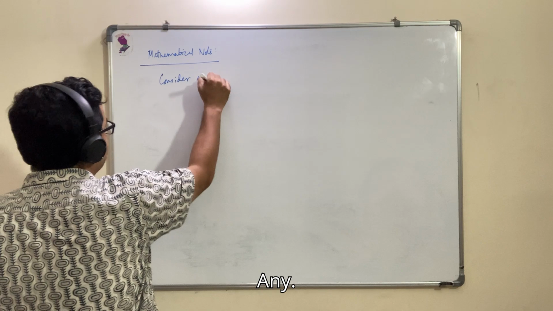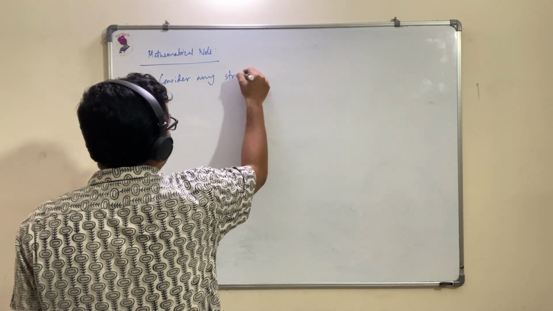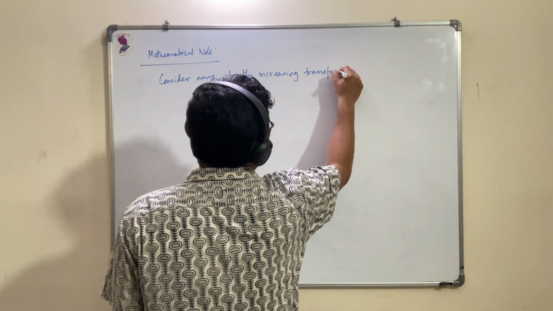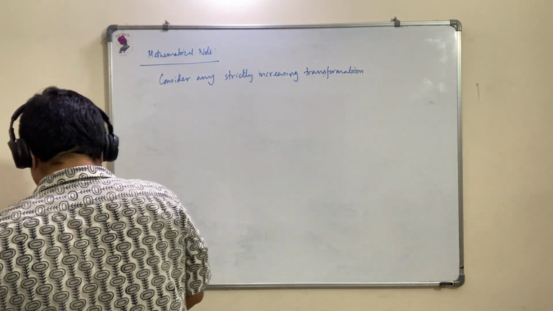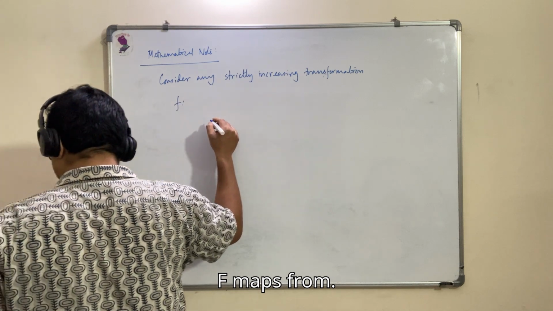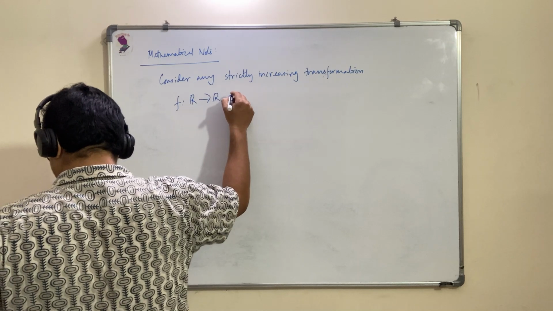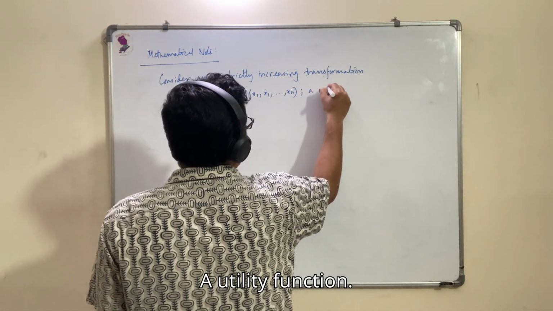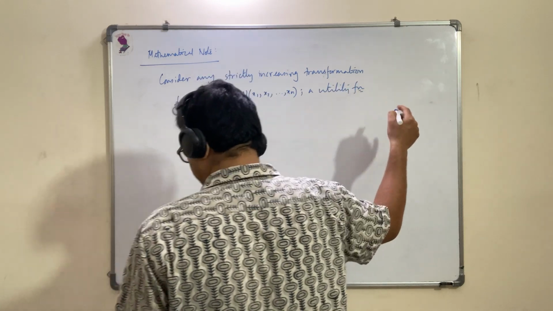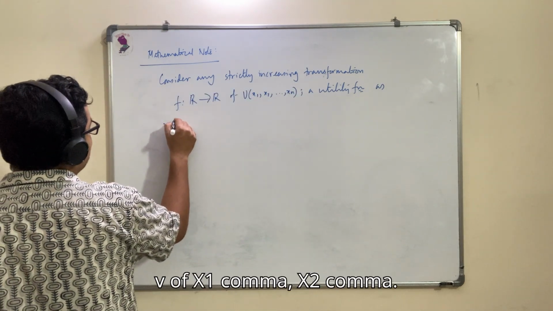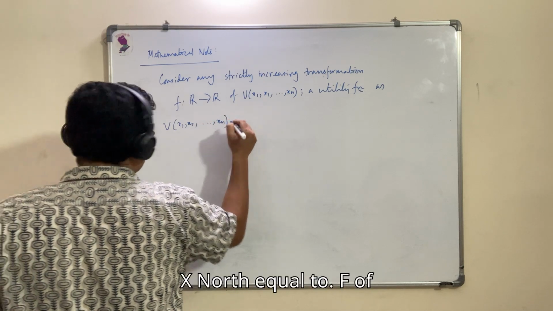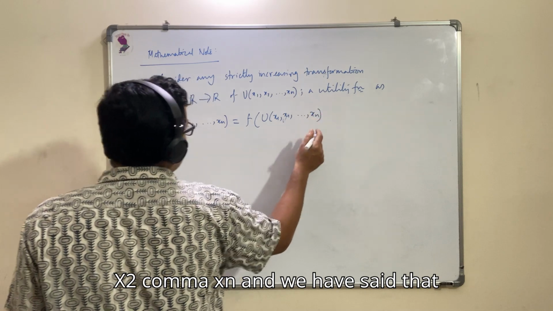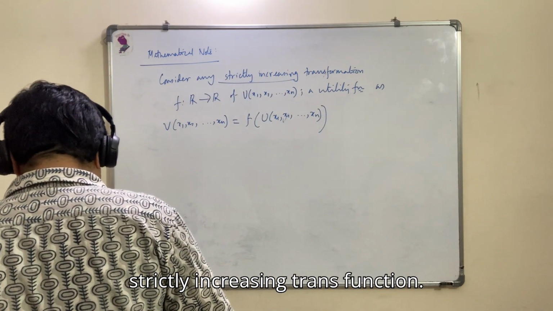Consider any strictly increasing transformation F, which maps from R to R, of u of x1, x2, ..., xn, a utility function, as a new function which is v of x1, x2, ..., xn equal to f of u of x1, x2, ..., xn, and we have said that this is a strictly increasing transformation function.